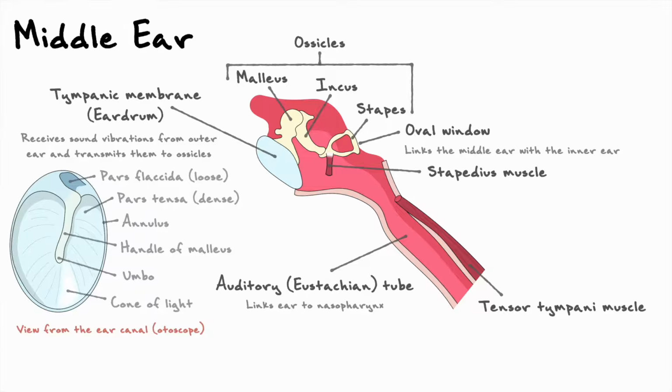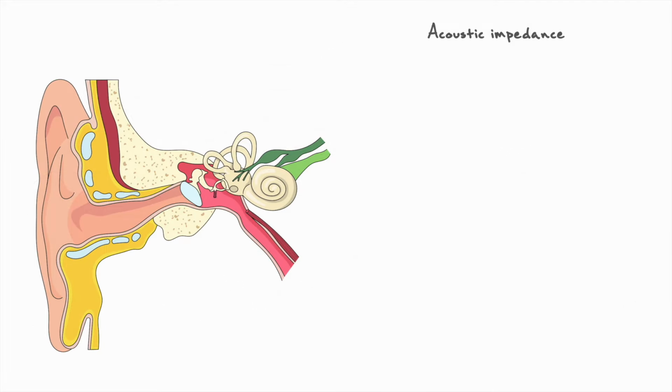First, I want to make a small aside and consider the concept of acoustic impedance. By definition, acoustic impedance is the tendency of a medium to oppose the propagation of a sound. As such, different mediums, for example solids, liquids, or gases, will propagate sound differently.